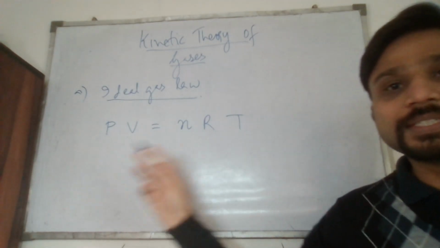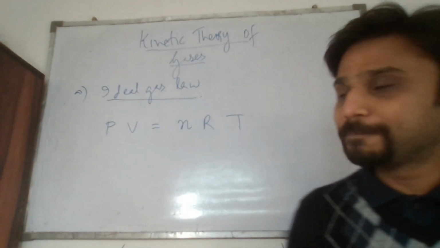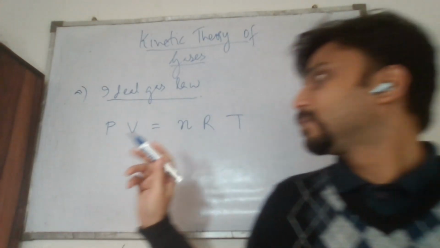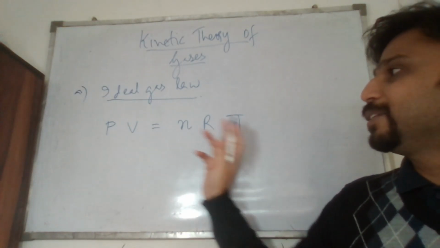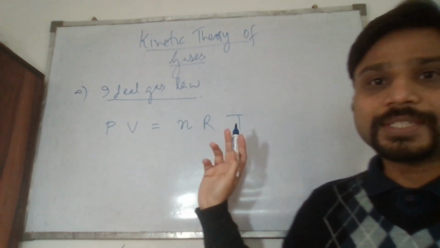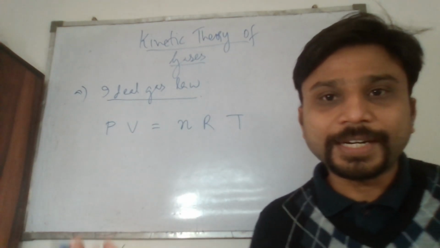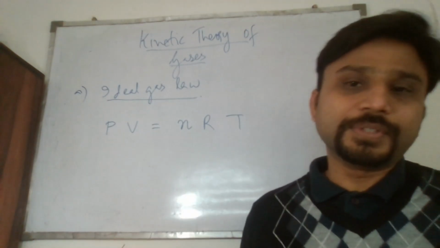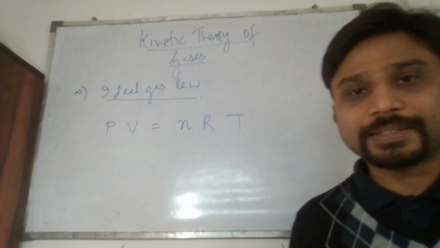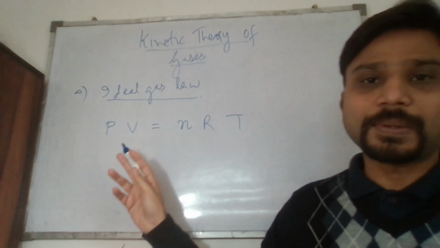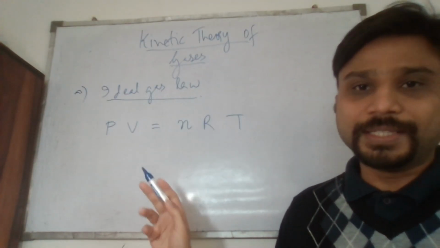As you can see, all these are macroscopic properties. If any gas follows this kind of law, we say that kind of gas is called an ideal gas. We have observed that whatever gases we have available with us, they follow this law at low densities.